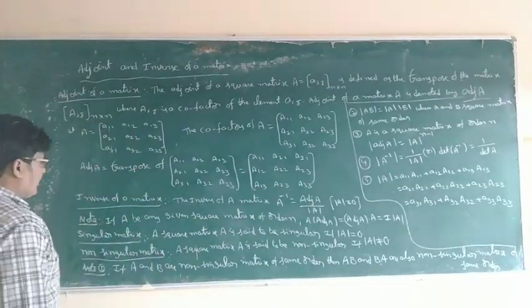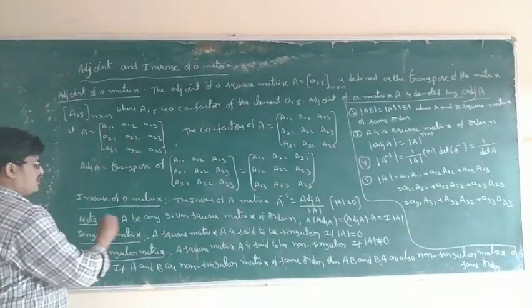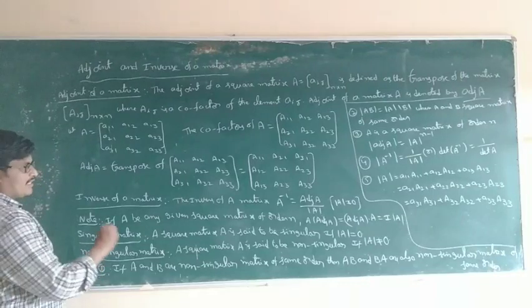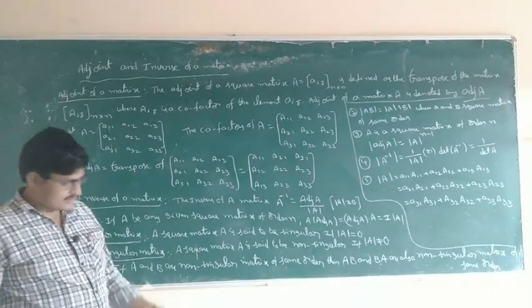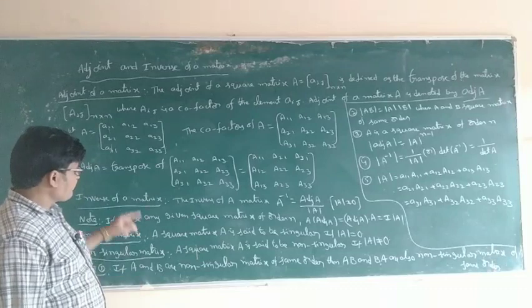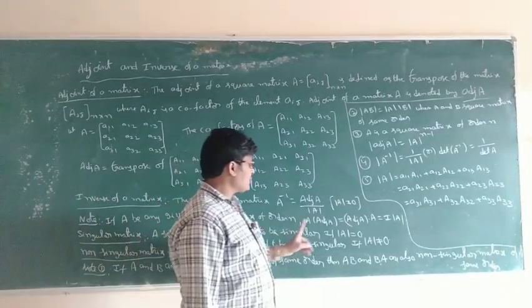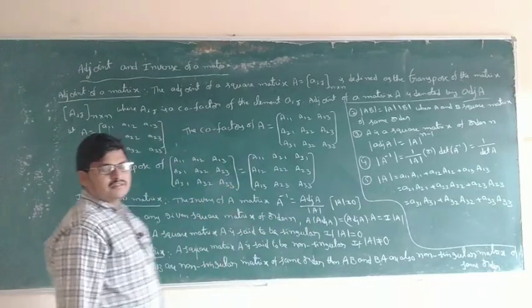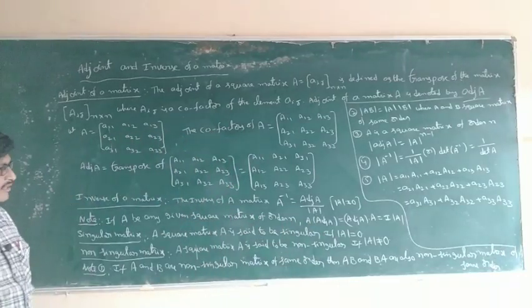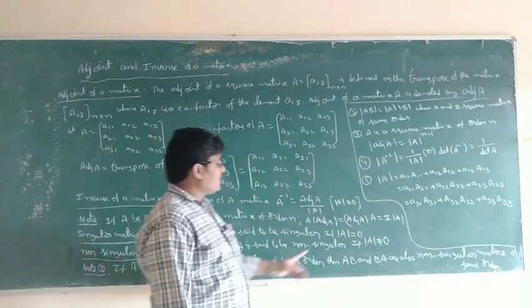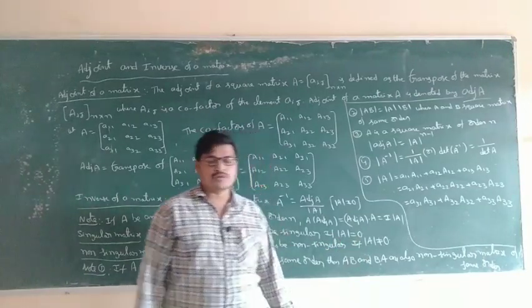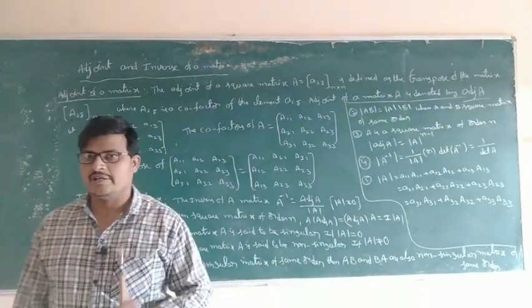Next, singular matrix and non-singular matrix. A square matrix capital A is said to be singular if the determinant of A is equal to 0, for any square matrix only.